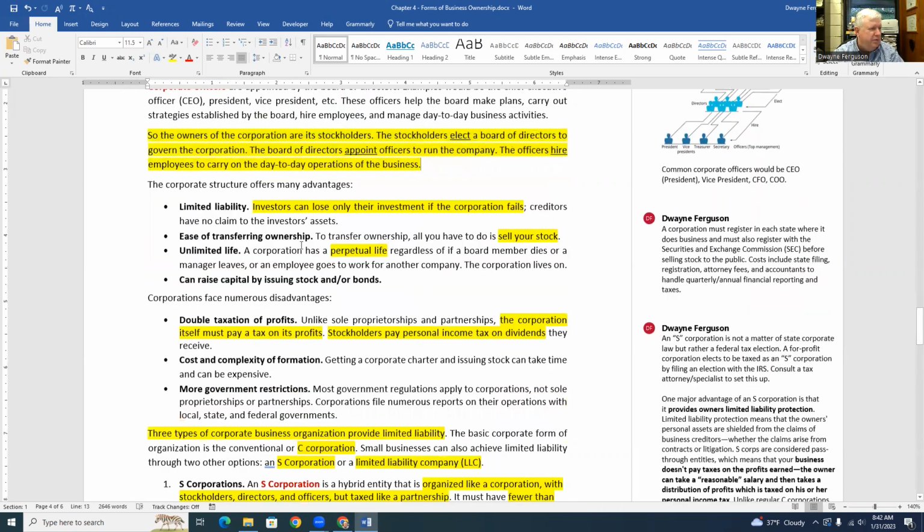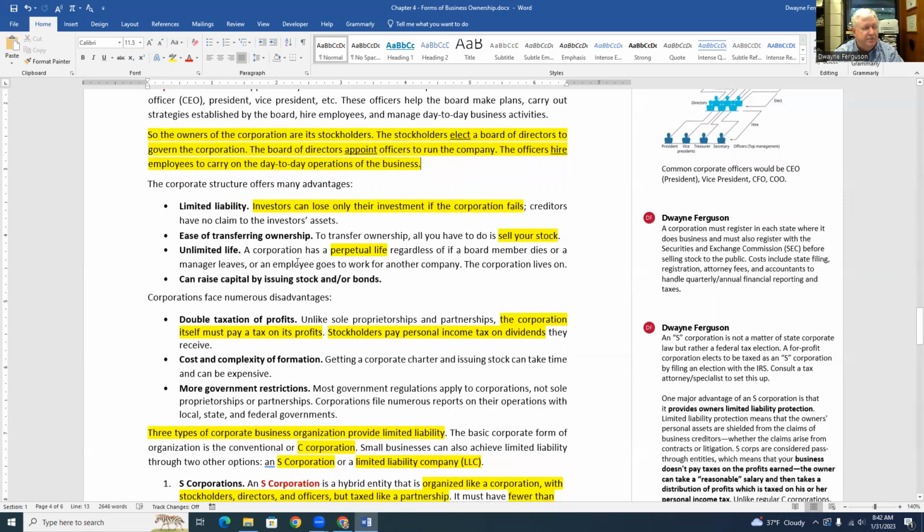Okay, so what are the advantages and disadvantages of being in a corporation? Well, if you're a stockholder, you have limited liability. You're only going to lose what you invested, what stock you bought. It's easy to sell stock, so you can sell it today. You can buy some more tomorrow, whatever you need to do.